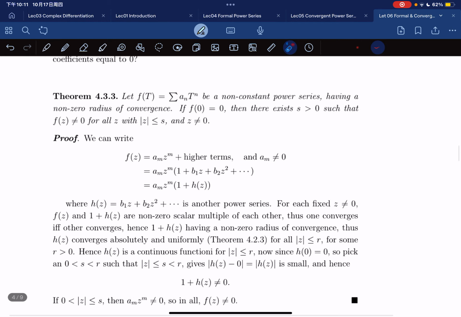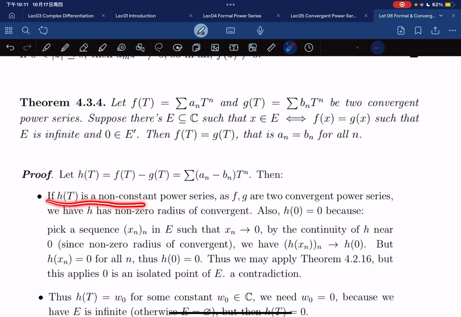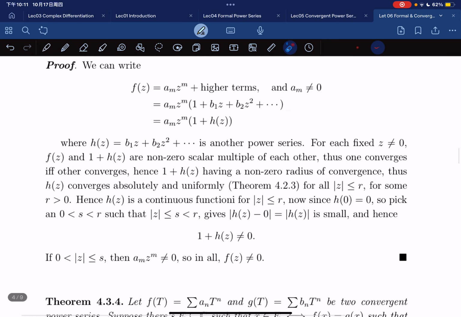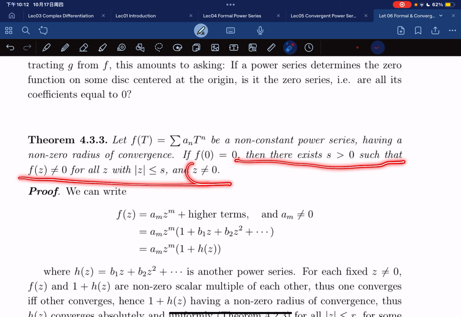So we have that h is a non-constant power series with non-zero radius of convergence and h(0) is 0. Then there exists a disk such that, except at the origin, it doesn't vanish at all.